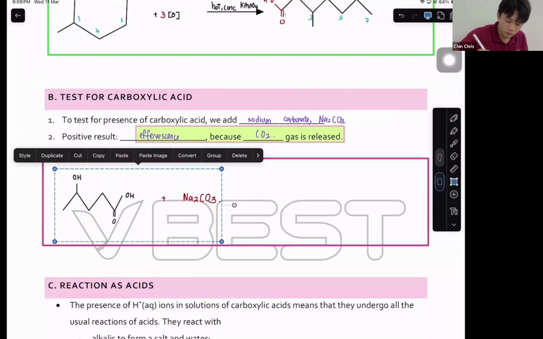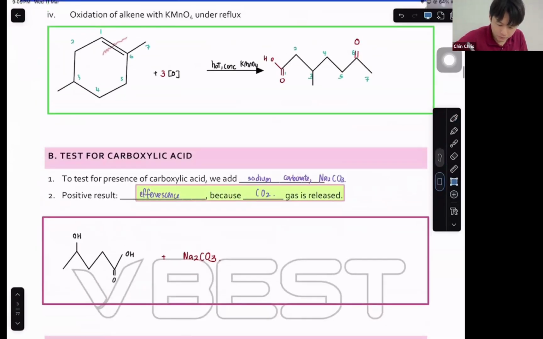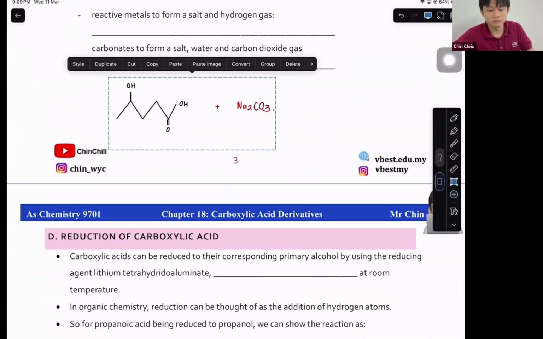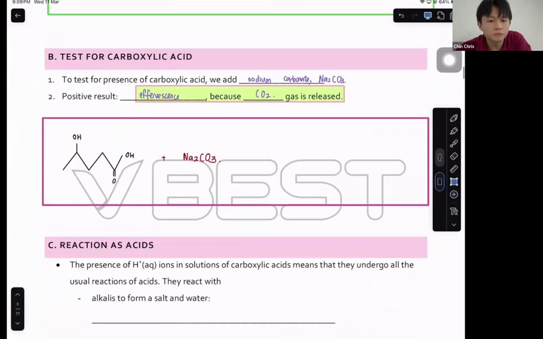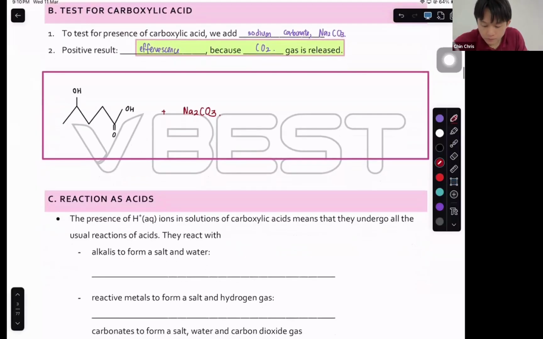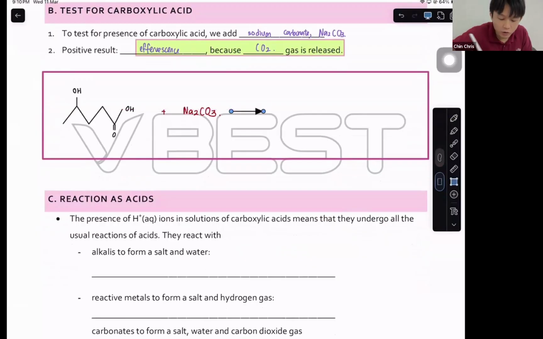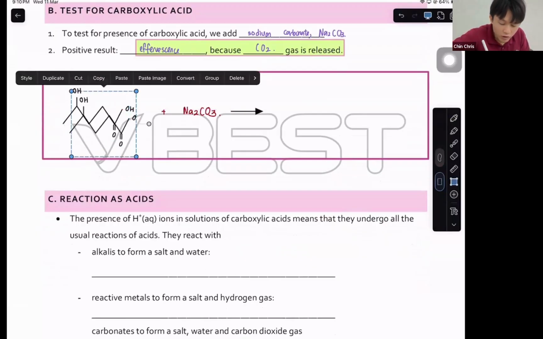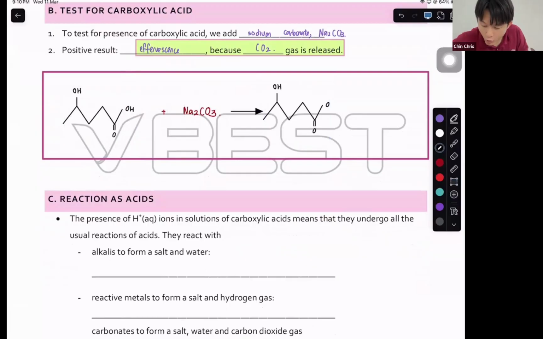Let's go. Guys, what is going to turn into? So, guys, your Na is going to replace your OH. So the H is going to get removed. So you get the ONa. H2O, CO2. So to balance the equation, 2 acid, 2 acid. That's it.